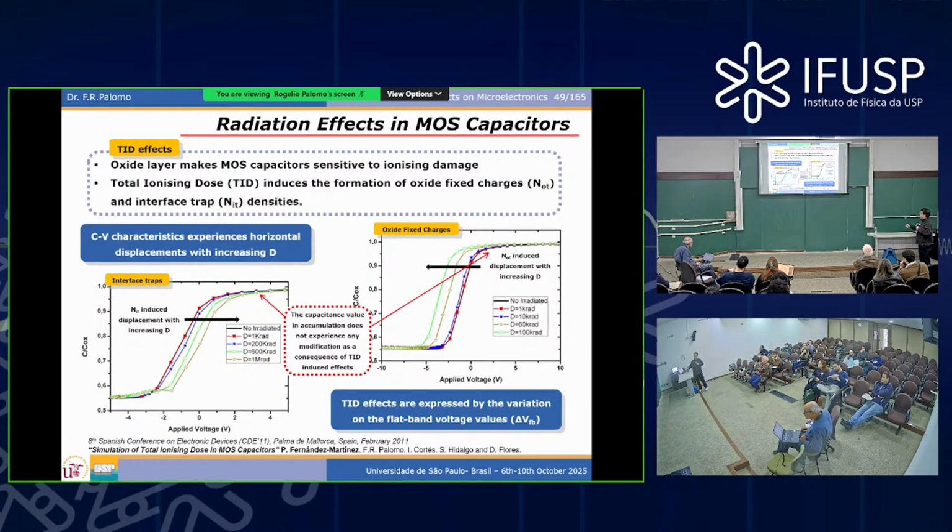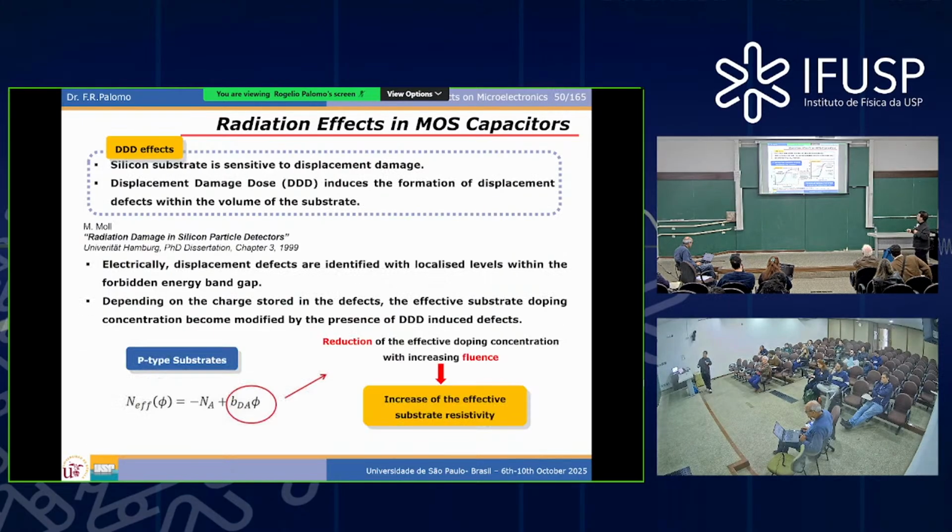Those are oxide fixed charge and interface traps. The plot is moving in this direction with TID. And with the DDD, we are moving the plot in the vertical direction. So first we analyzed the TID, and we published.